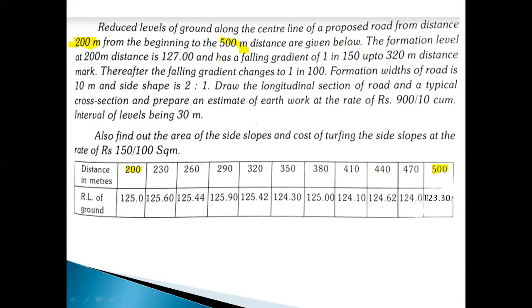The formation level at 200 meters is 127. The falling gradient is 1 in 150 up to 320 meters, and after that the falling gradient is 1 in 100.